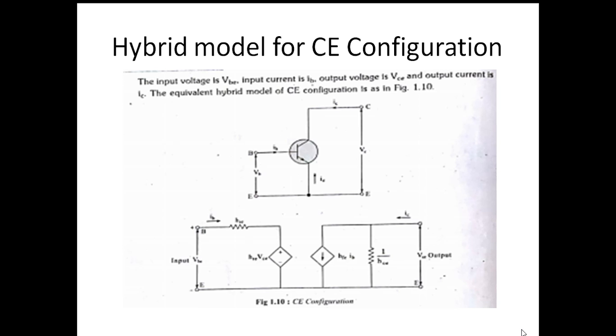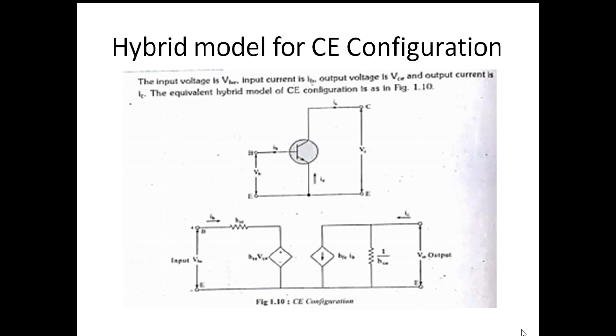As we know, the CE configuration is a well-known amplifier circuit. It is very much used because of many more advantages than CB and CC. So this is an important configuration to discuss.